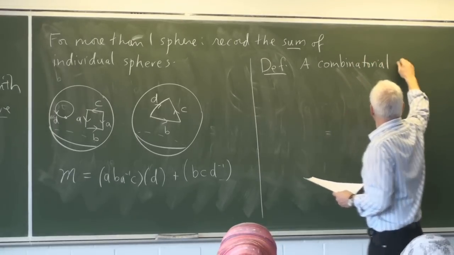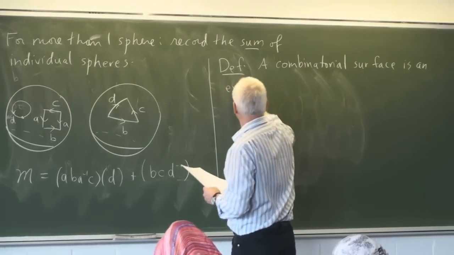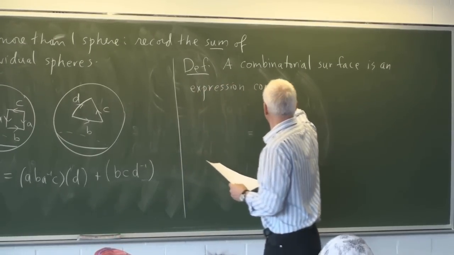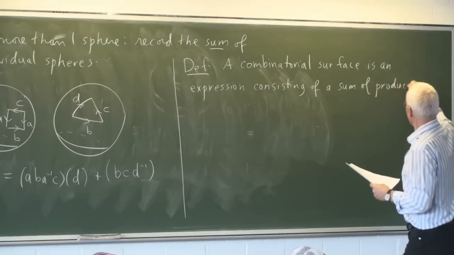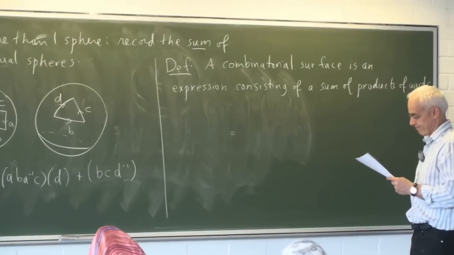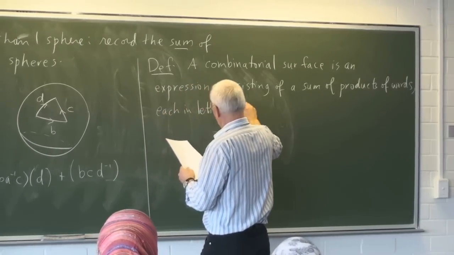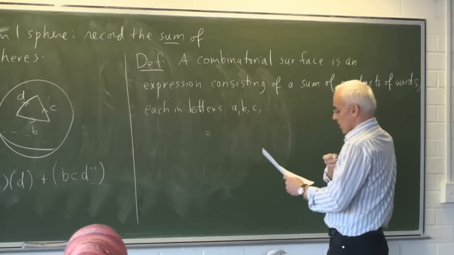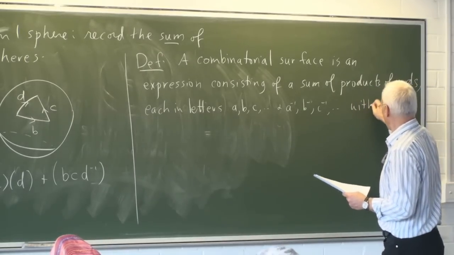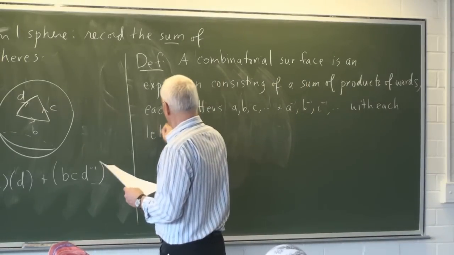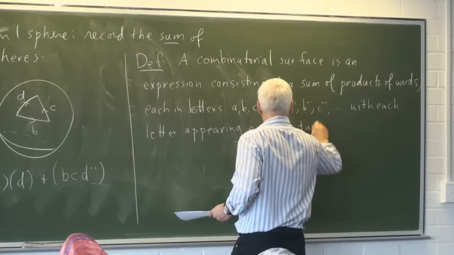So we might even be able to make a definition that a combinatorial surface is an expression consisting of a sum of products of words, each in letters A, B, C, and so on, and in their inverses, with each letter appearing exactly twice.